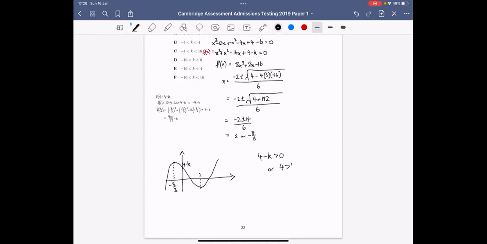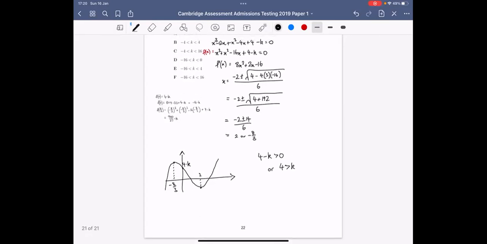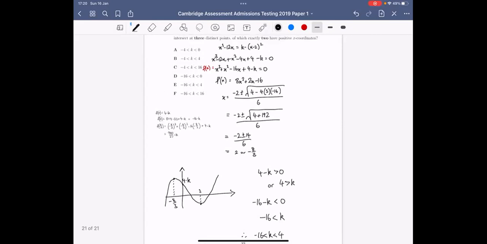And because minus 16 minus k is below the x-axis, that means this is less than 0, so minus 16 is less than k. So if you combine these two inequalities, you get that k is bounded between minus 16 and 4, for an answer of E. Come on, circle it. Great.